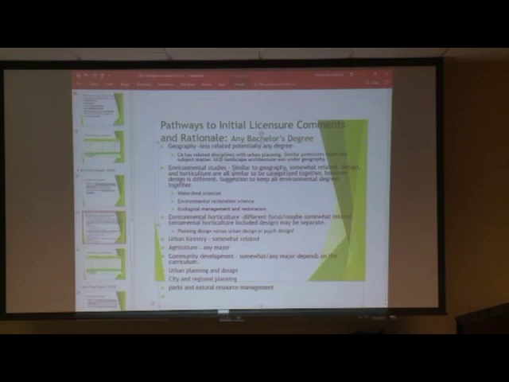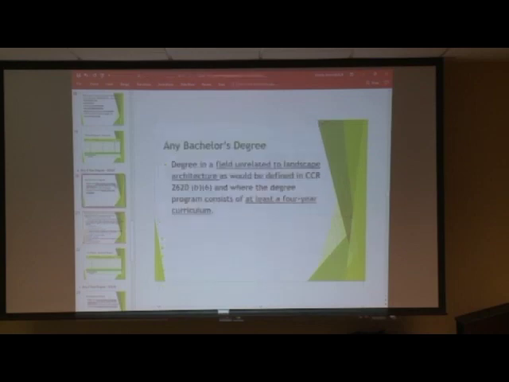Can we see the definitions for any? A degree in a field unrelated to a landscape architect, as would be defined in CCR 2620D6, and where the degree program consists of at least 4 years. You might want to consider this, instead of saying unrelated, to just be any.